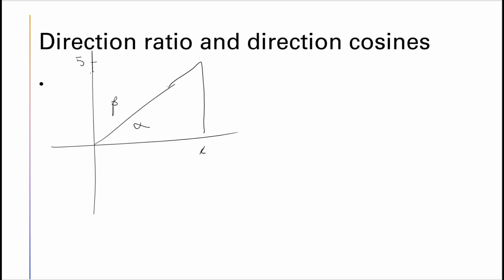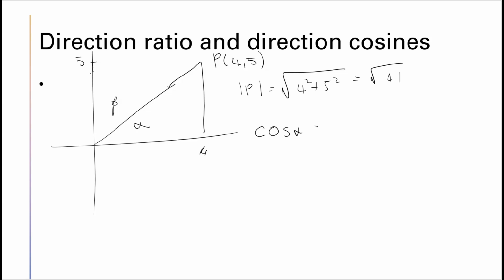So the length of this P, which goes out to 4, 5, say, to match my diagram, is going to be the square root of 4 squared plus 5 squared, which is the square root of 41. Now, the directional cosine of alpha is going to be the adjacent over the hypotenuse, which we've just worked out, which is 4 over root 41. And we call that, well, the textbook calls that L.